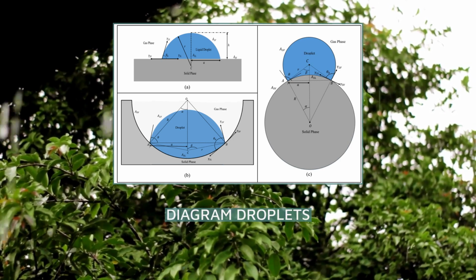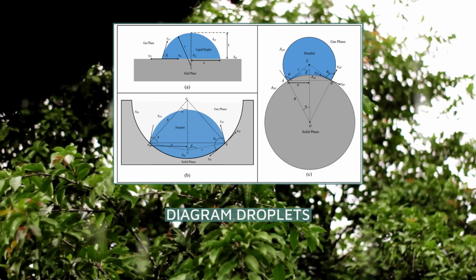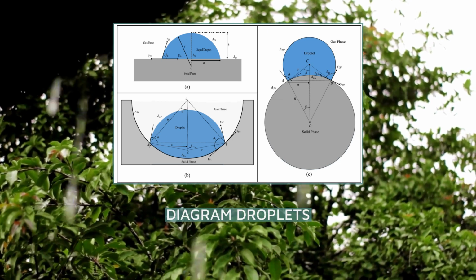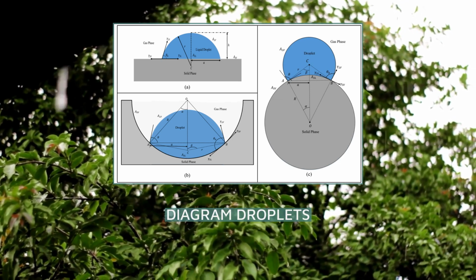This equation relates the contact angle θ, a geometric property of a sessile droplet, to the bulk thermodynamics, the energy of the three-phase contact boundary, and the curvature of the surface α.